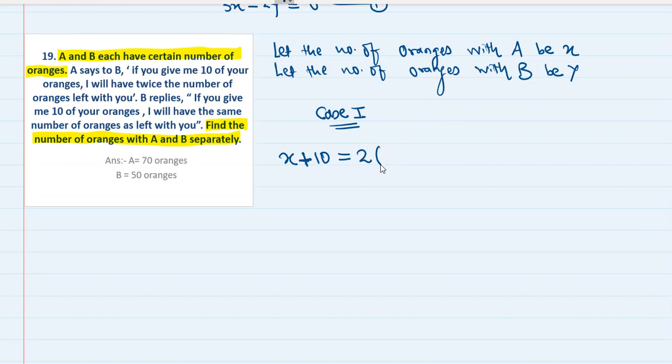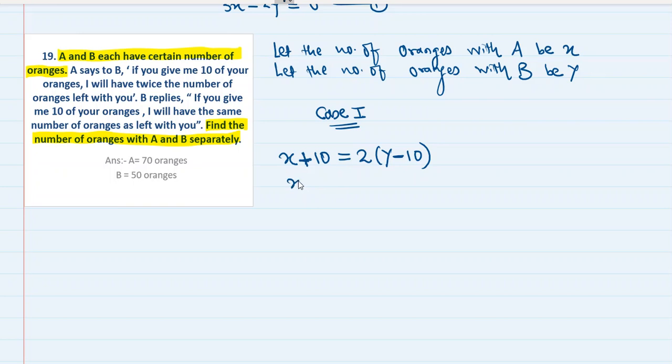Twice the number of oranges left with you means, see, B is giving away his oranges to A. So the number of oranges left with B will be Y minus 10. And A will have twice as many oranges as left with B. Okay, so X plus 10 is equal to 2 bracket Y minus 10.